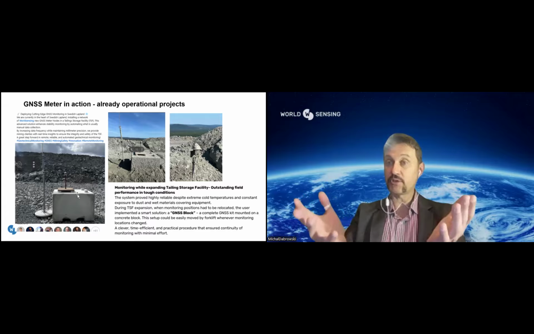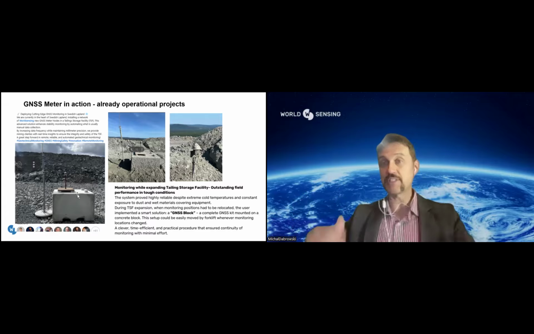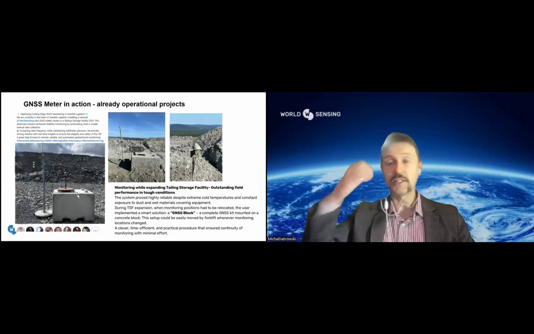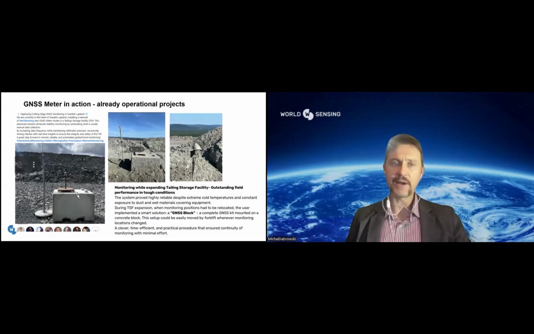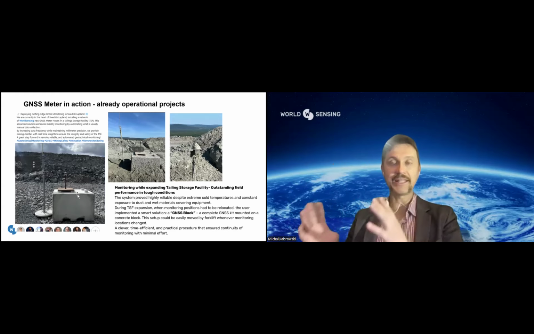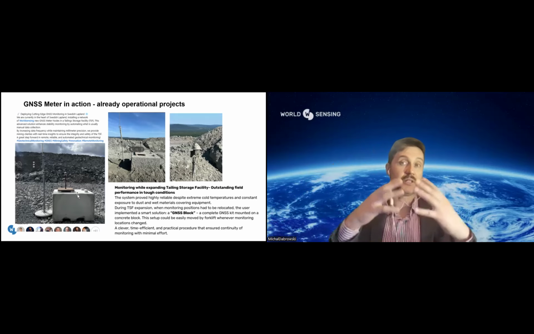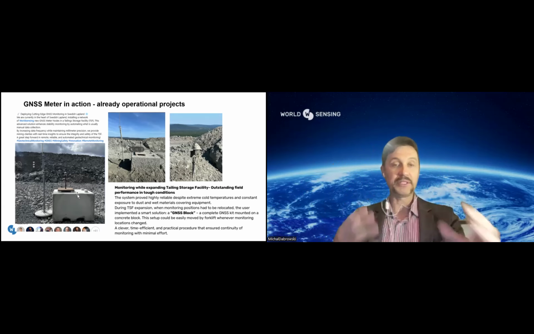They deploy it on top of the embankment after they raise it, or when they need to rearrange the locations of the GNSS. Because you can have the instruments detached, or installed separately, there is this optionality to protect your instrumentation in a better way than if it were in one piece.